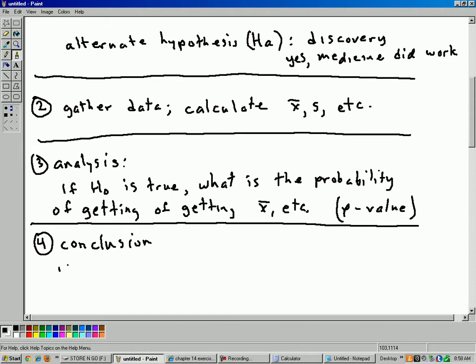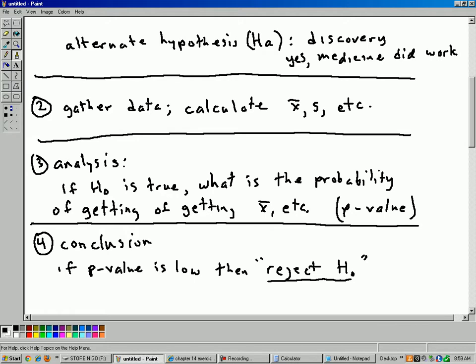And so basically, if the p-value is low, then the phrase is, you reject the null hypothesis. So it's just the way people talk in statistics. They don't say, I think the alternate's true. People say, I reject the null, which implies then that you think the alternate is true.